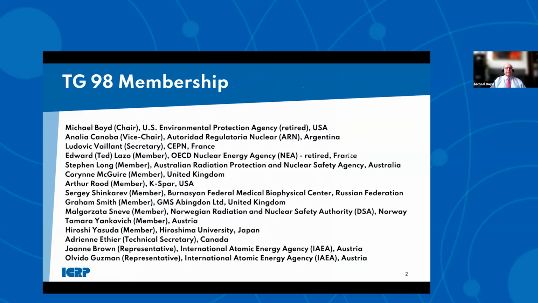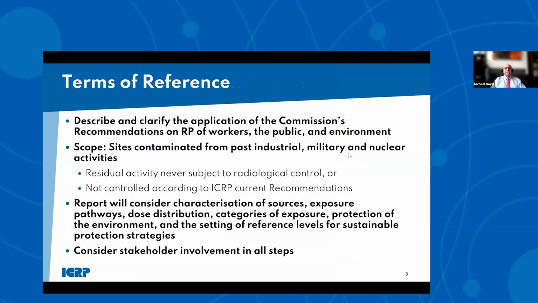This is the membership of the task group. You'll notice that we have experts from around the world and well represented by regions. Our terms of reference were to describe and clarify the application of the Commission's recommendations on the radiological protection of workers, the public, and the environment. And the scope included sites contaminated from past industrial, military, and nuclear activities.